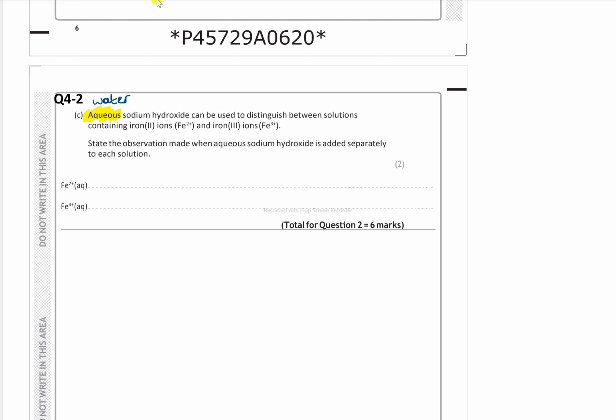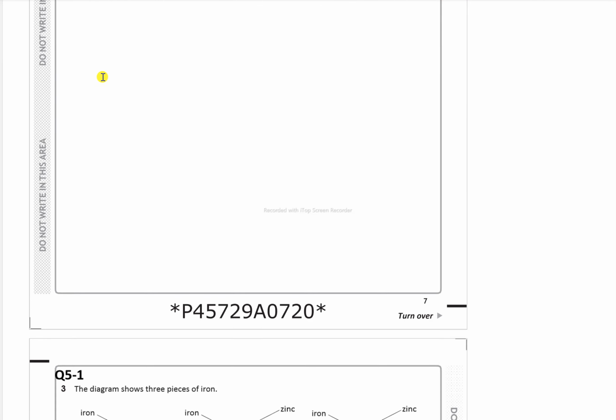We need to know the colors of iron 2 plus ions and iron 3 plus ions. I remember it as a green leaf in spring that becomes a brown leaf in autumn. So it goes from green to brown.